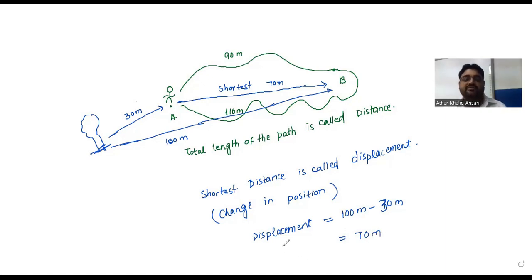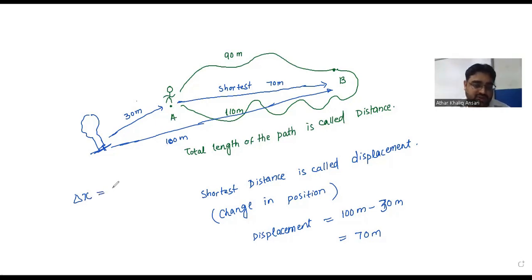So what we found here, the very important thing we need to remember, is that distance is the total path we covered. But when we are talking about displacement, we need to focus directly from one position to another, from initial position to final position. If we denote displacement by delta x, this small triangle is the Greek letter delta.